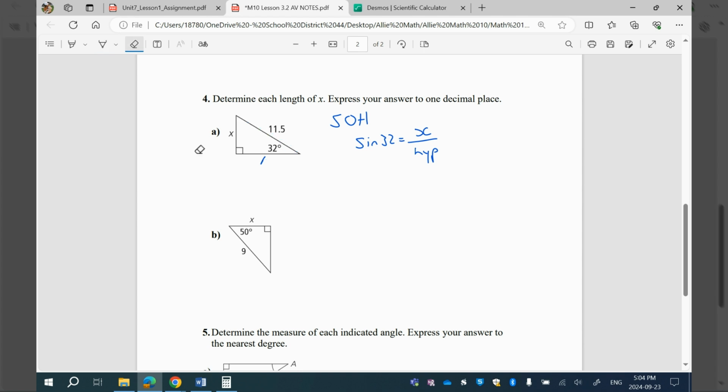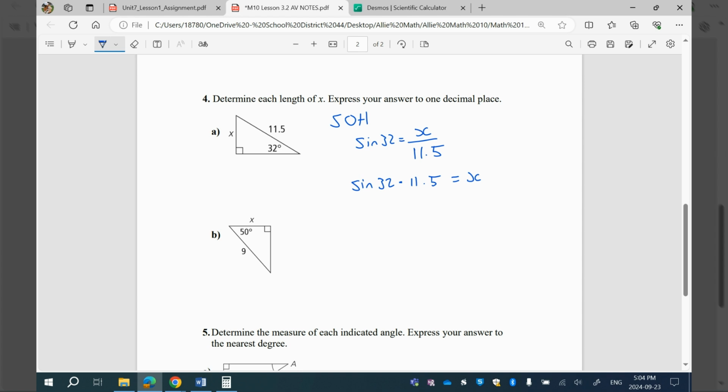So let's solve. Let's cross multiply and divide. I should also say the hypotenuse is 11.5, we know the value of that. So now we're going to go sine 32 times 11.5 equals x. I just cross multiplied. Let's put that in our calculator.